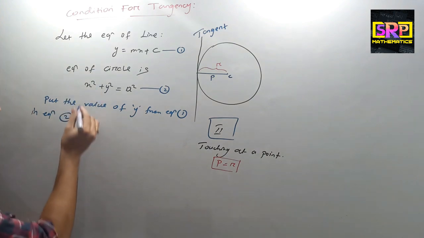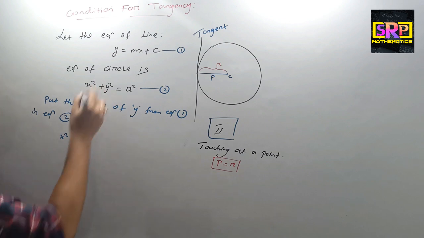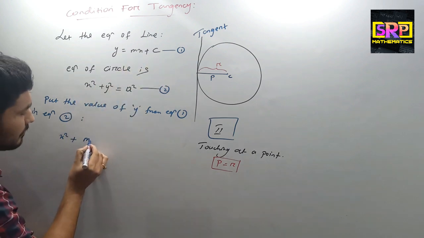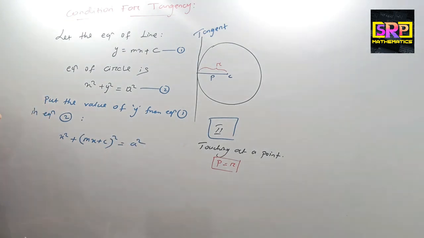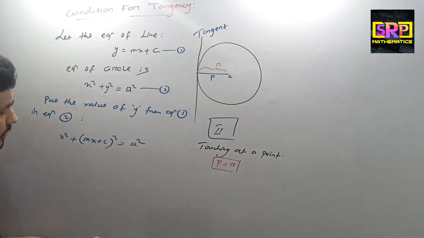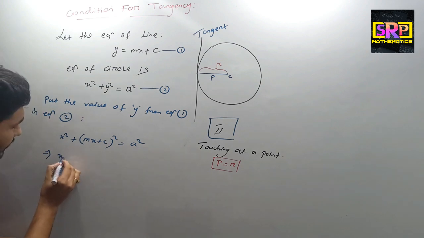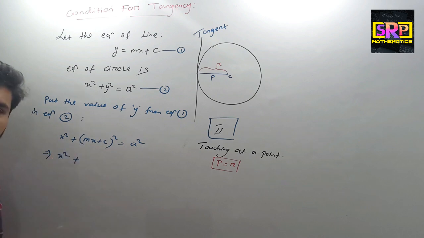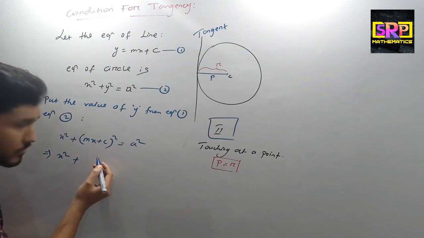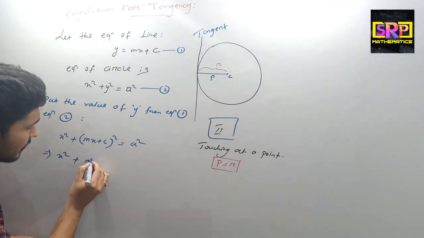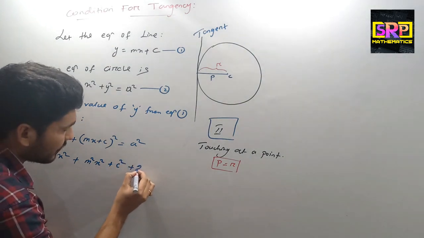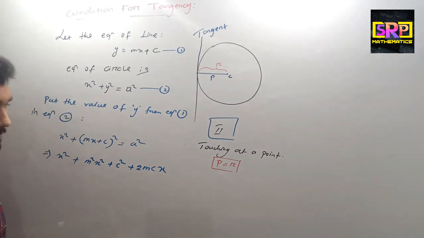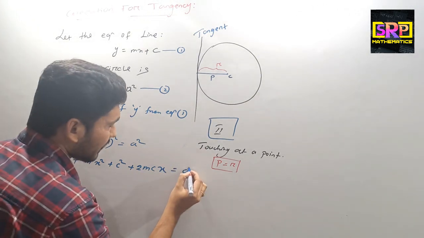So what will happen here? x square plus y, which is mx plus c, so (mx plus c) whole square is equal to a square. Okay, very easy, don't worry. See here, now what do we have to do? We just have to open it. x square will remain, plus (mx plus c) whole square. What is the formula? a square plus b square plus 2ab, right? So m square x square plus c square plus 2mcx. And already we have here a square.